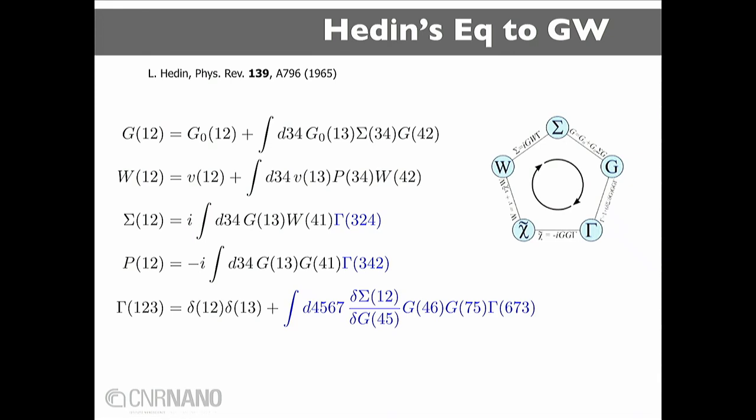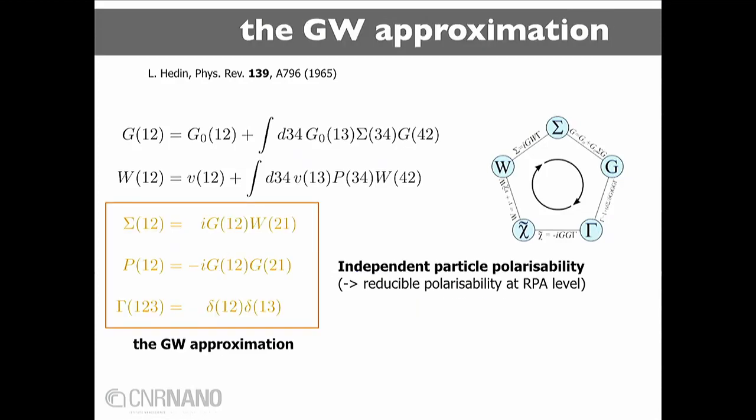Basically, we have then Dirac deltas here, and this gives us immediately the polarizability written as GG, that is exactly the polarizability you would get out of a non-interacting system, whose Green's function is G, okay? And the self-energy becomes G times W.